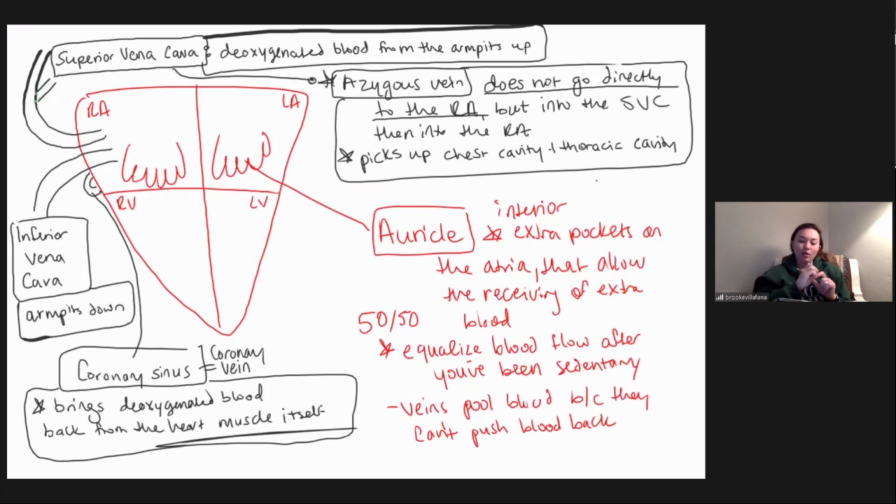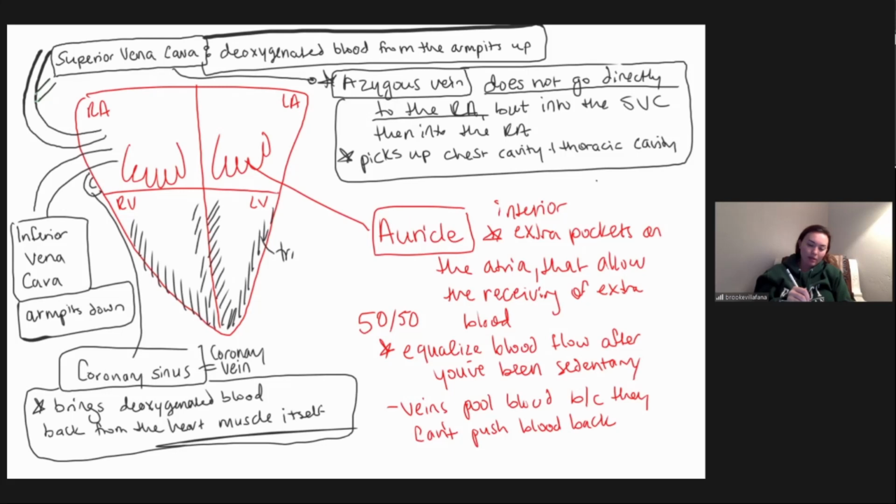Okay. We also have lining the heart what are called trabeculae. These are in the ventricles, so I'm going to draw them like this. Trabeculae should sound familiar because we just talked about them in the bone.